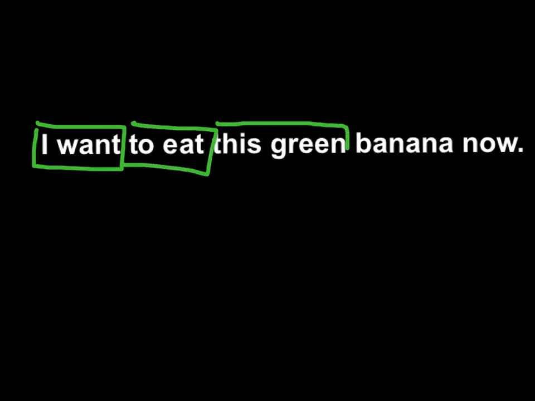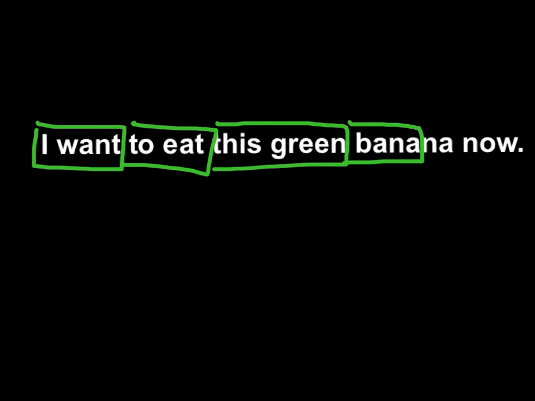Let's take another look at that silly line from earlier. I want to eat this green banana now. There are 5 sets of iambs in this line. The first is I want. The second is to eat. The third is this green. The fourth is banana, which takes up only part of the word.